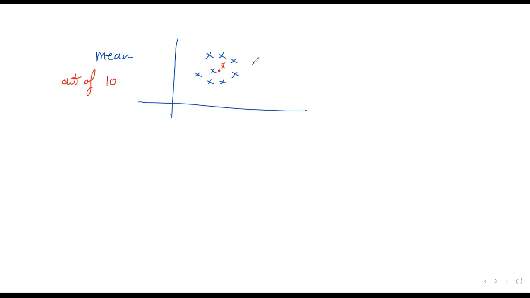Now, if we are adding 5 to each data, all data will move from here to there. They will have the same distance between them, and the mean will be somewhere here. So do I recalculate by adding 5 to all data and then calculate the mean?